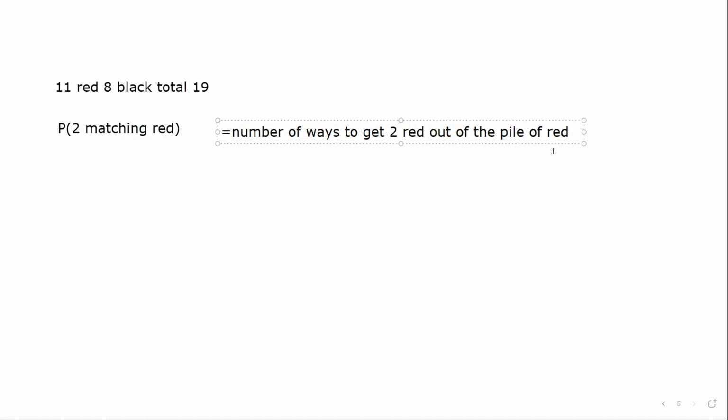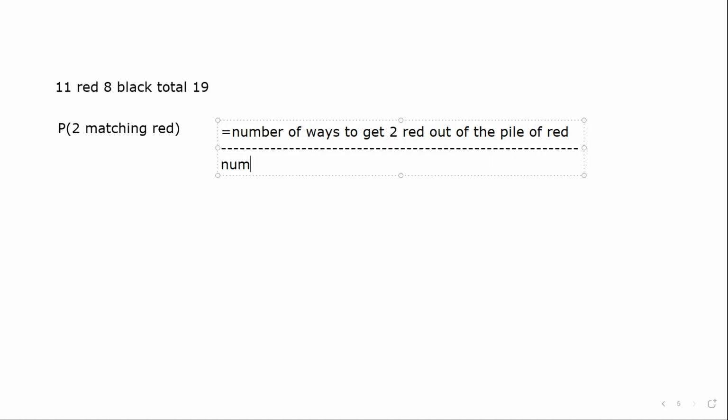What I have to think about is the top of this is going to be the number of ways to get 2 red out of the pile of red, and nothing out of black ones. I want 2 red out of the pile of red divided by the number of ways to get 2 socks, because if I'm doing this in the dark or I'm asleep, then I'm not going to pay attention.